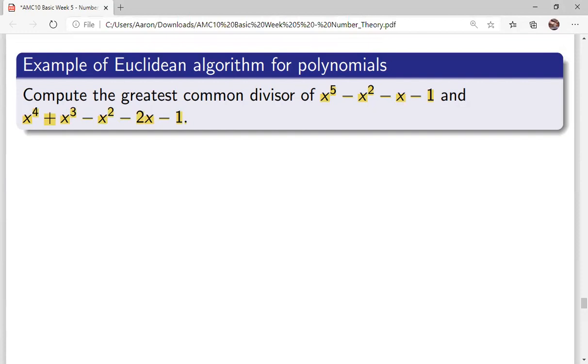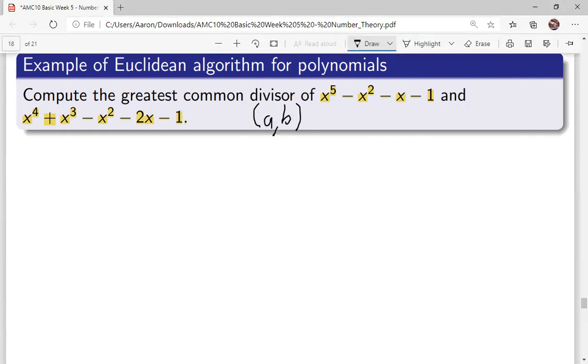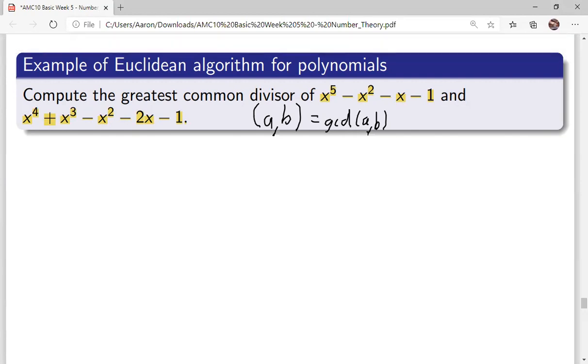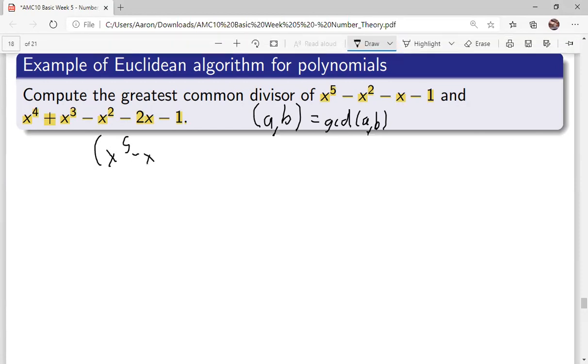So here I'll just write (A, B) to denote the GCD of A and B. Alright, so you want to find their GCD.